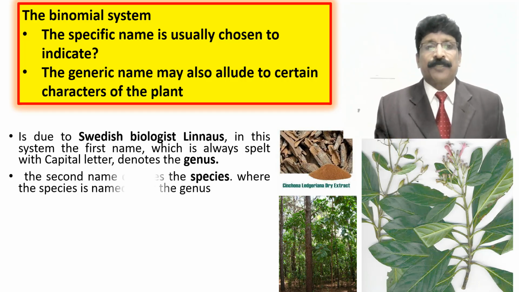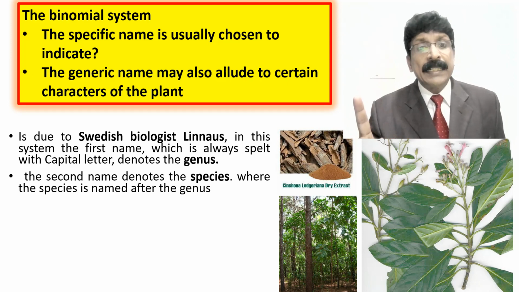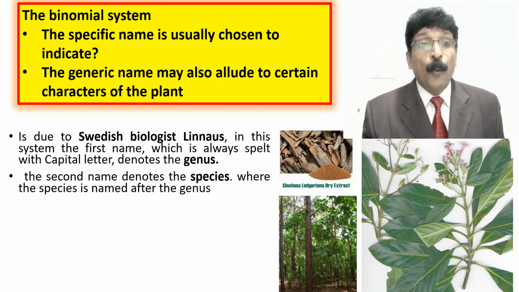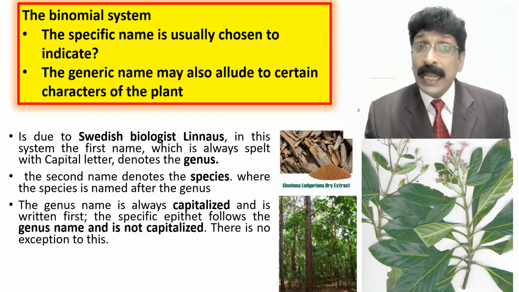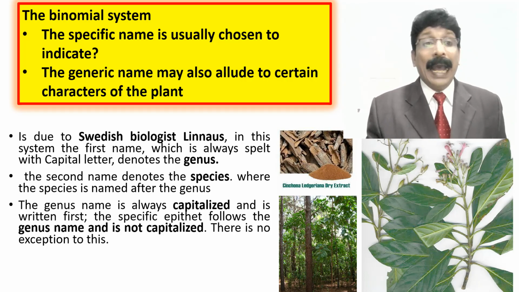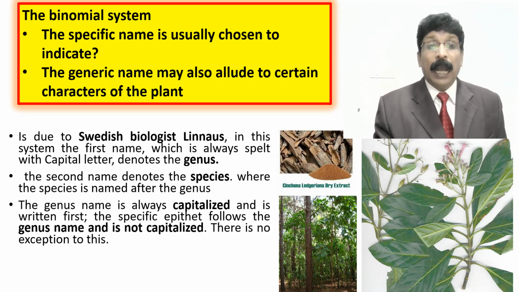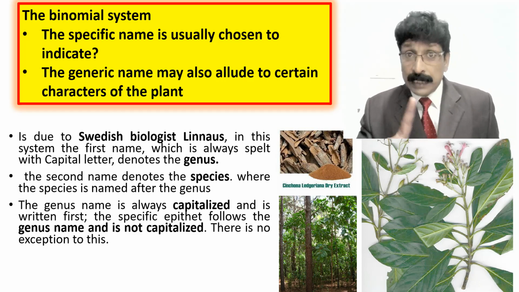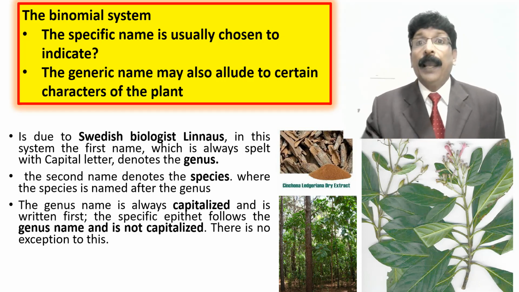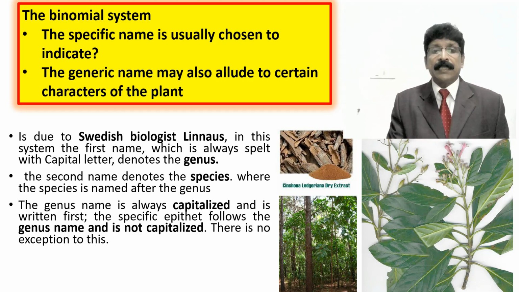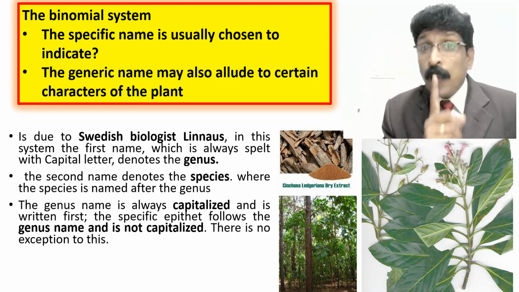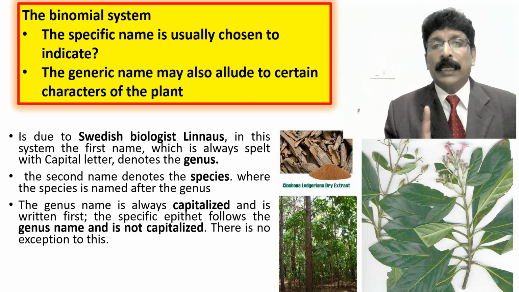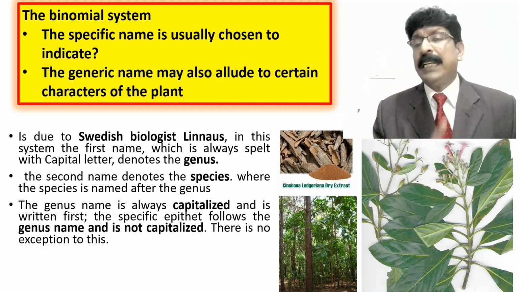The second name denotes the species and comes after the genus. The genus name is always capitalized and written first, and the specific epithet follows next. The specific epithet follows the genus name and is not capitalized. It should be a small letter. There is no exception in this.